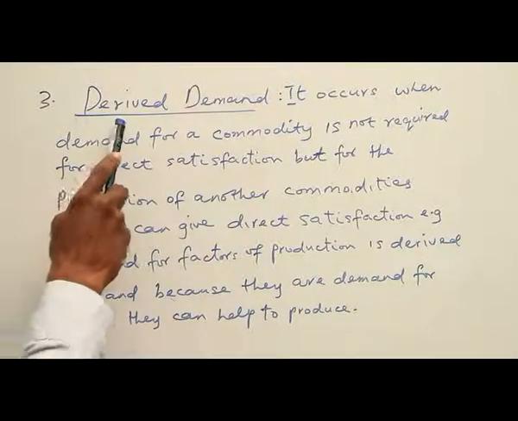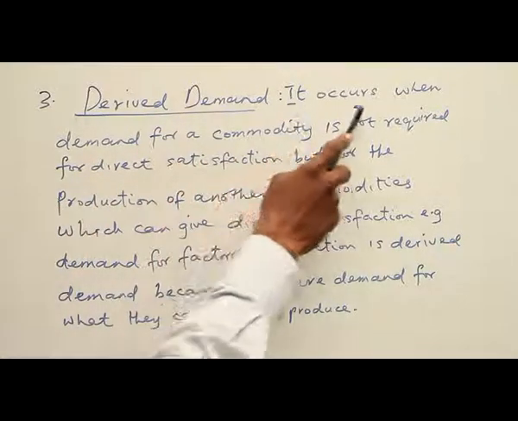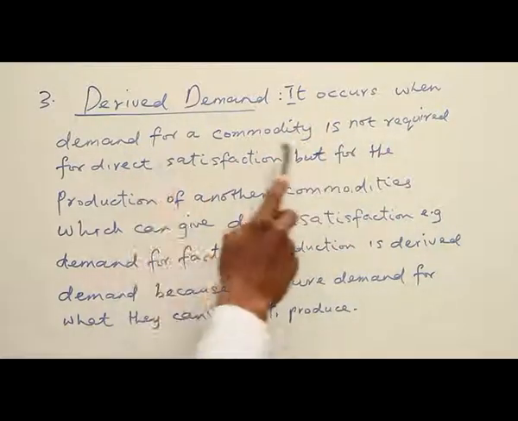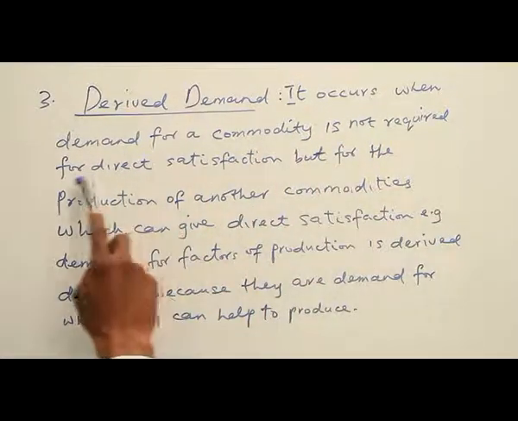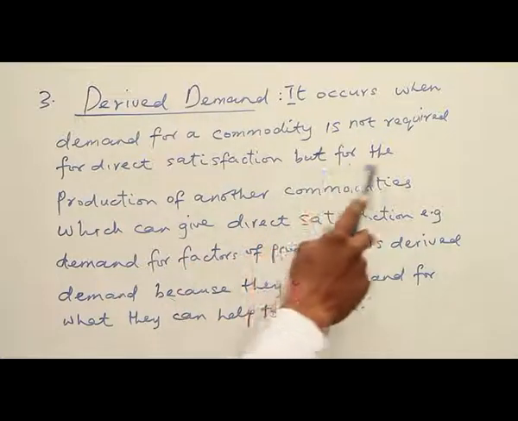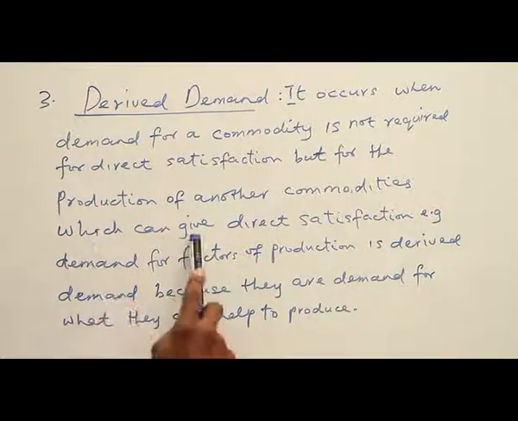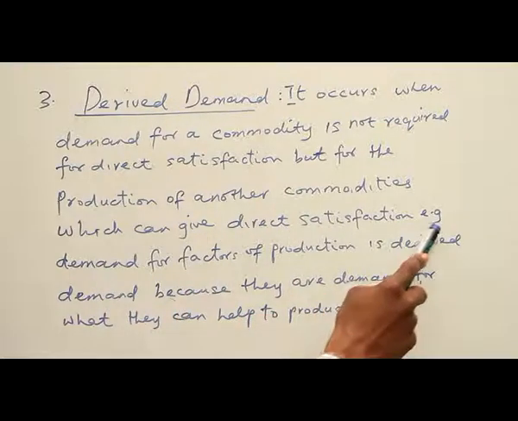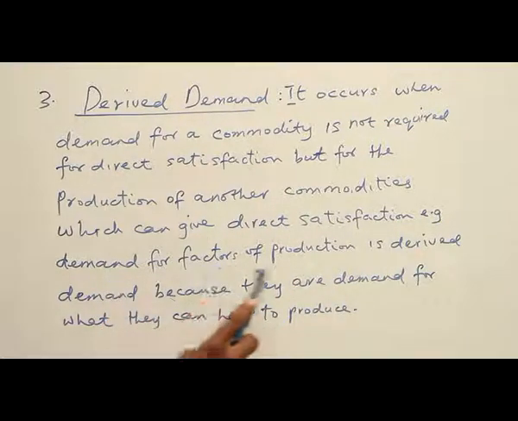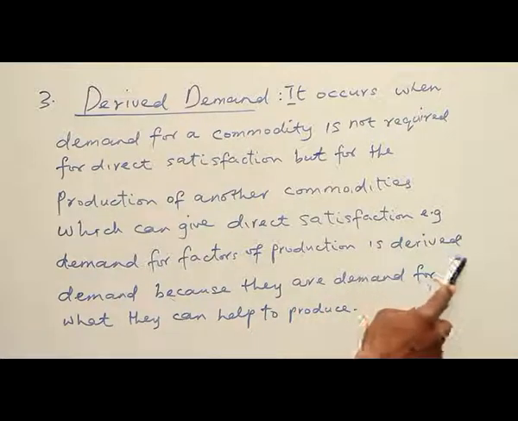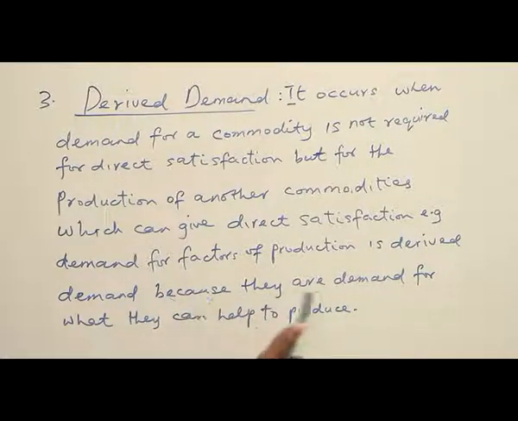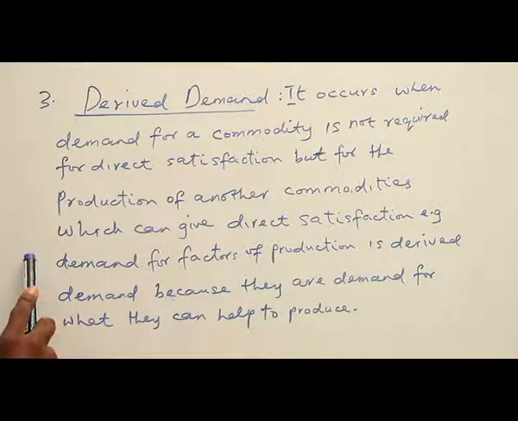Number 3, derived demand. It occurs when demand for a commodity is not required for direct satisfaction, but for the production of another commodity, which can give direct satisfaction. E.g., demand for factors of production is derived demand because they are demanded for what they can help to produce. So if, for instance, we are looking at bread.